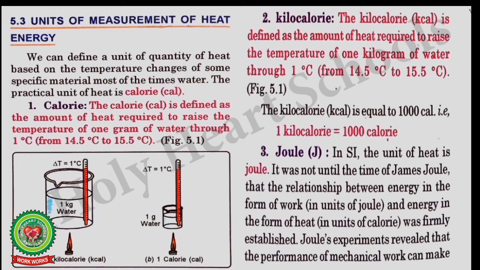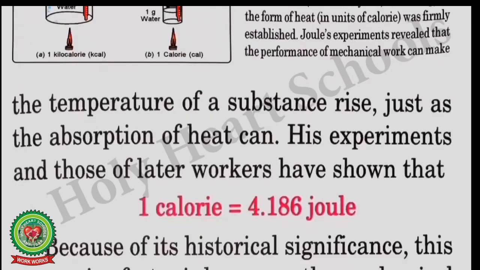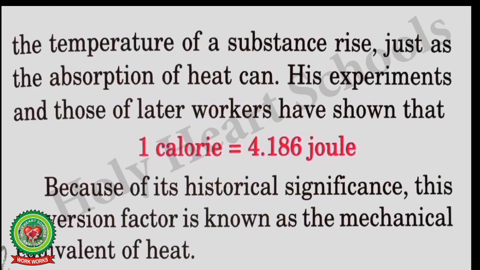Joule's experiments revealed that the performance of mechanical work can make the temperature of a substance rise, just as the absorption of heat can. So his experiments and those of later workers have shown that 1 calorie is equal to 4.186 joule. Because of its historical significance, this conversion factor is known as the mechanical equivalent of heat.